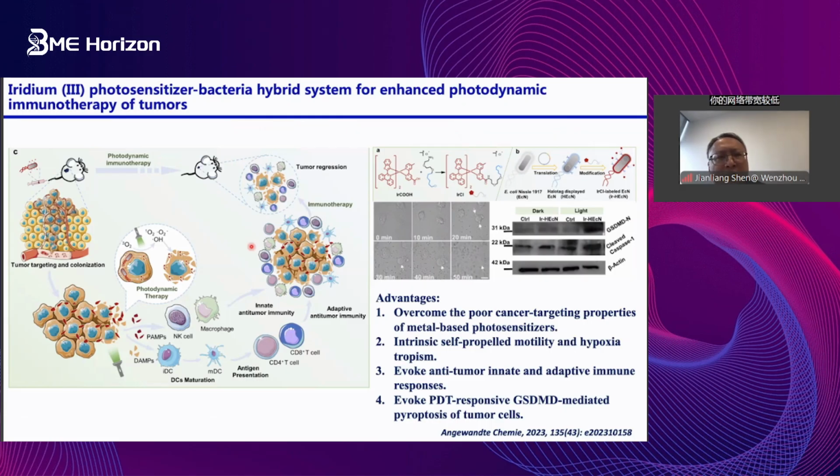Here we use bacteria. These bacteria like to stay in harsh environments, such as the tumor microenvironment, which is lacking oxygen. So they will deliver this iridium compound or photosensitizer by themselves. Yeah, that's very good.